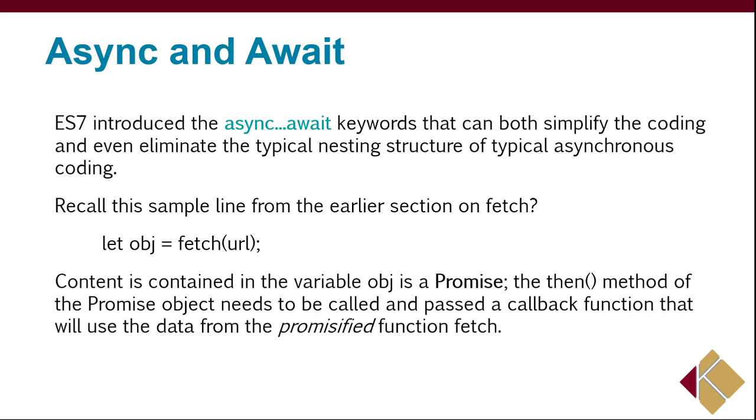So what do you do about that? Well, you can use the async and await keywords. This helps eliminate nesting, and helps with your multiple promises, right? So let's look at, I think there's an example in here.